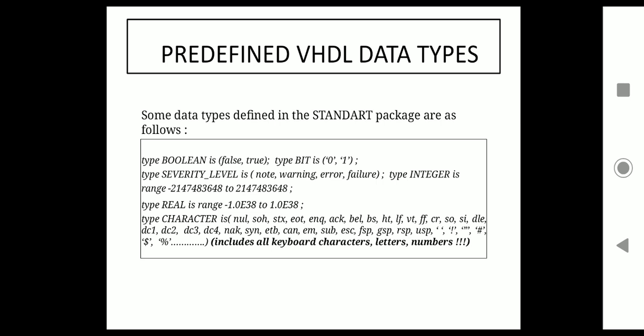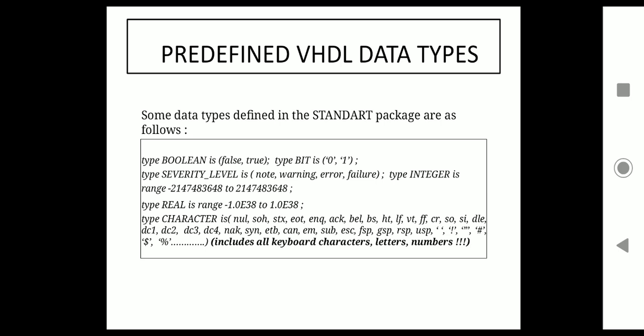If it is type integer, then you have to define the range. We have defined the maximum range. If it is of real type, then again you have to specify the range. If it is of character type, then you can give any character such as null, eot, enq, ack, bel, anything.